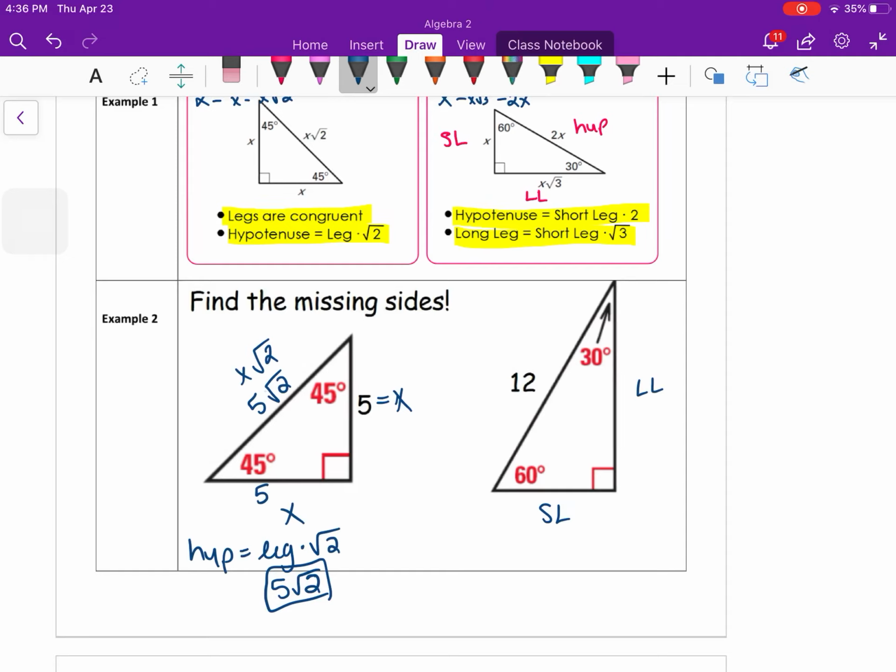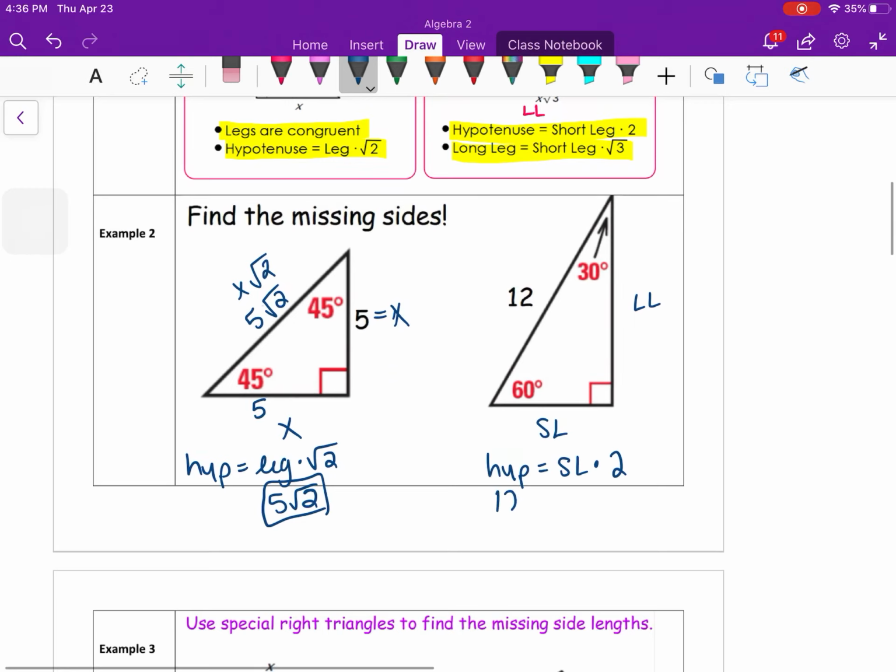So since I'm given the hypotenuse, I'm going to start with the fact that the hypotenuse equals the short leg times 2, which means that 12 equals the short leg times 2. So divide by 2, and the short leg will equal 6. Now you could have said x equals 6 or something as a variable there, but the short leg equals 6.